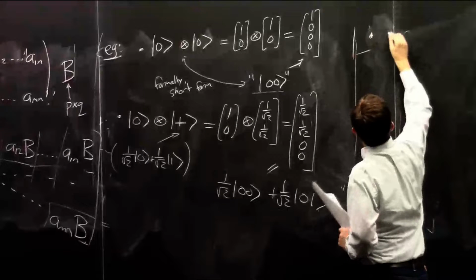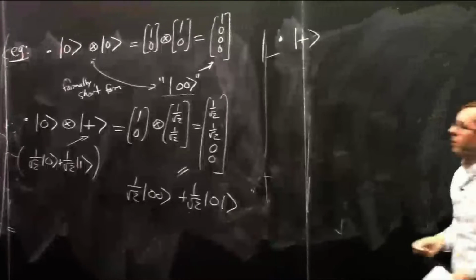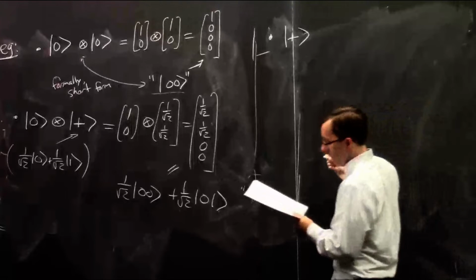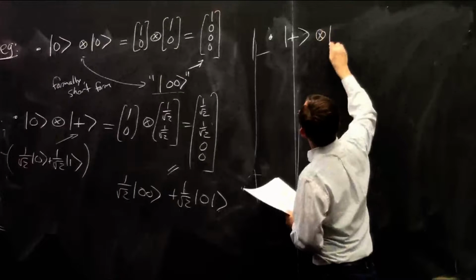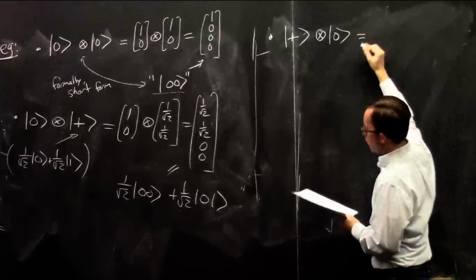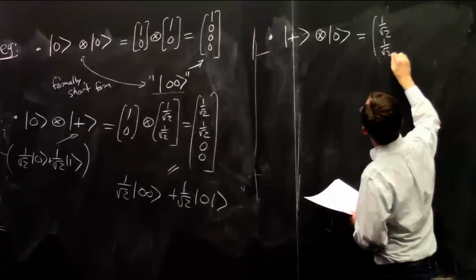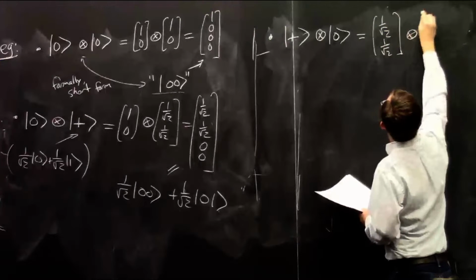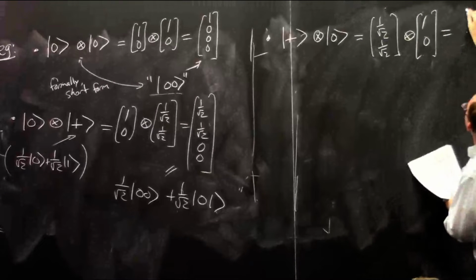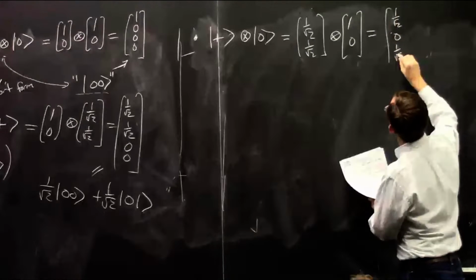Let's see. Suppose, on the other hand, that Alice prepares a qubit in state plus. And this gets to your question about whether the particles are still distinguishable after we put them together. We do consider them that way. And Bob prepares a particle in the state 0. Then what's the joint state? This is 1 over root 2, 1 over root 2, Kronecker product 1, 0. Okay, and this is actually different. This is 1 over root 2, 0, 1 over root 2, 0.